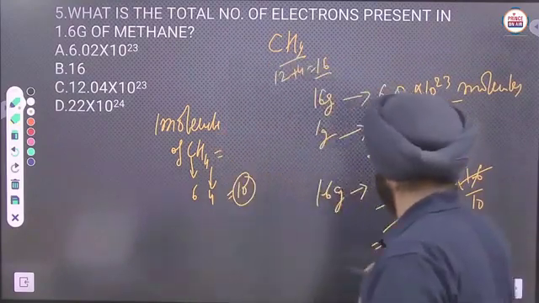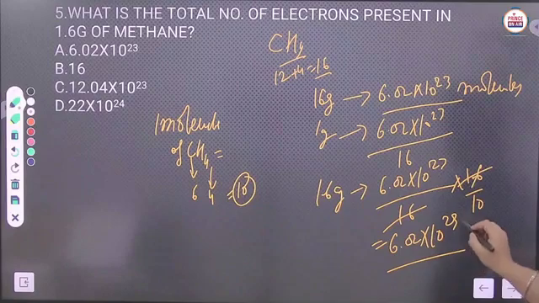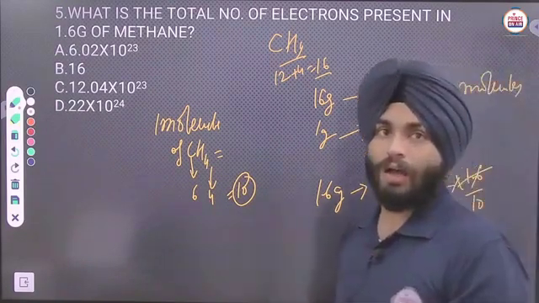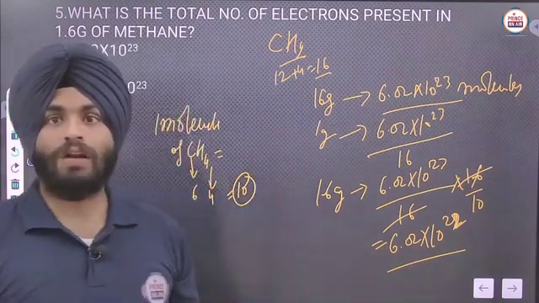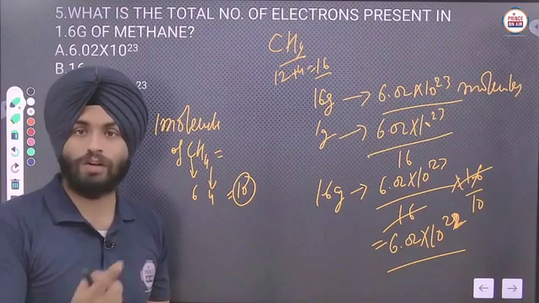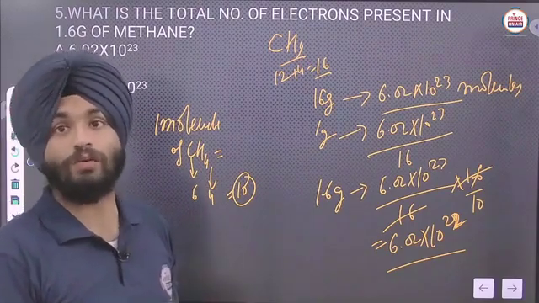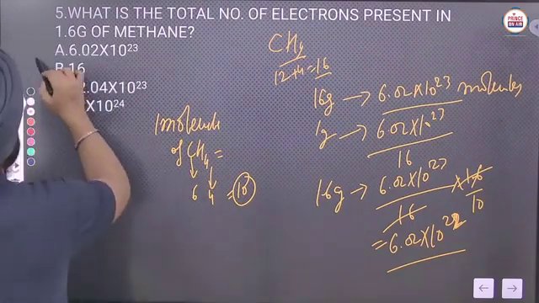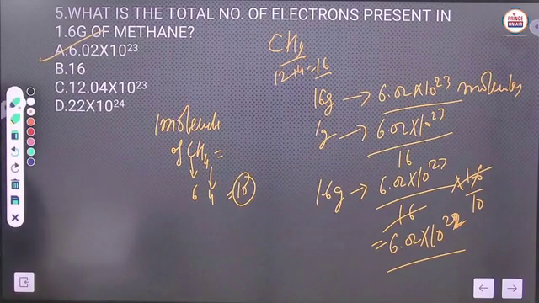These many molecules of methane, that is 10 raised power 22, will contain how many electrons? Just multiply by 10. It comes out to be 6.02 into 10 raised power 23. So the answer will be A here.